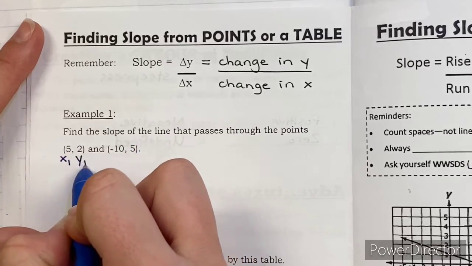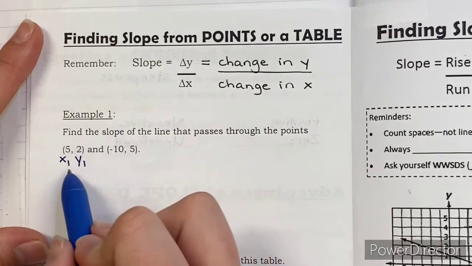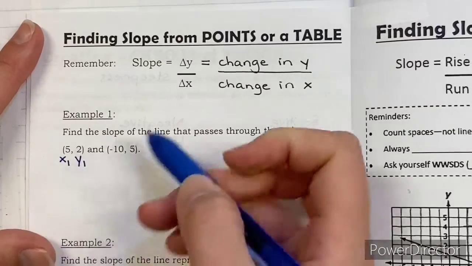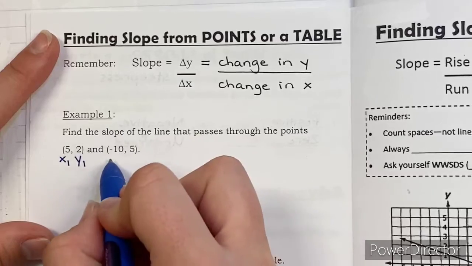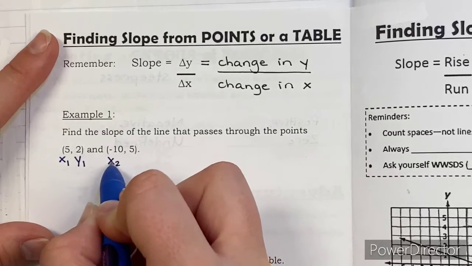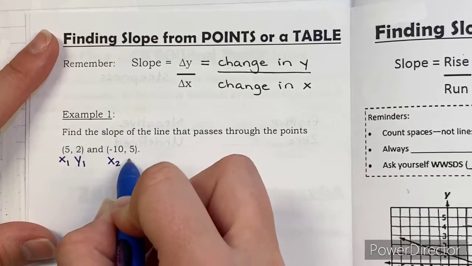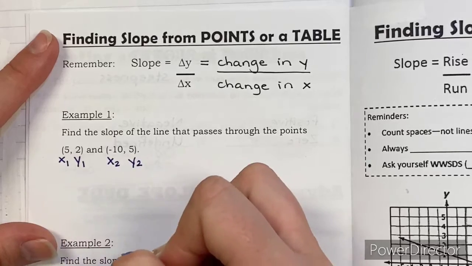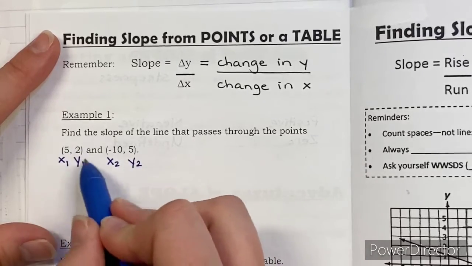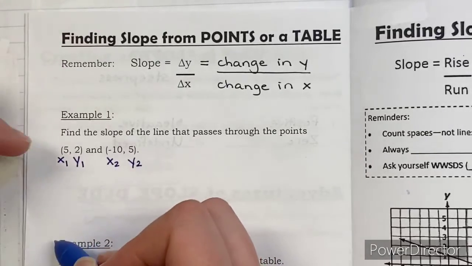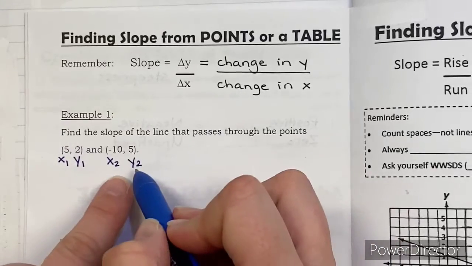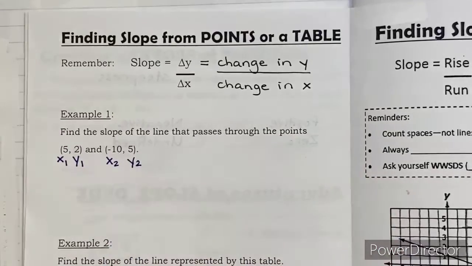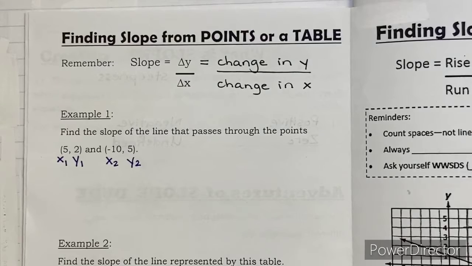This is my y value of my first ordered pair. So this is x1, y1. So this one would be x2, because this is my x value of my second ordered pair, and this is y2. So x1, y1 they just tell you that it's talking about the first ordered pair. x2, y2 is talking about the second ordered pair. That's all there is to it.